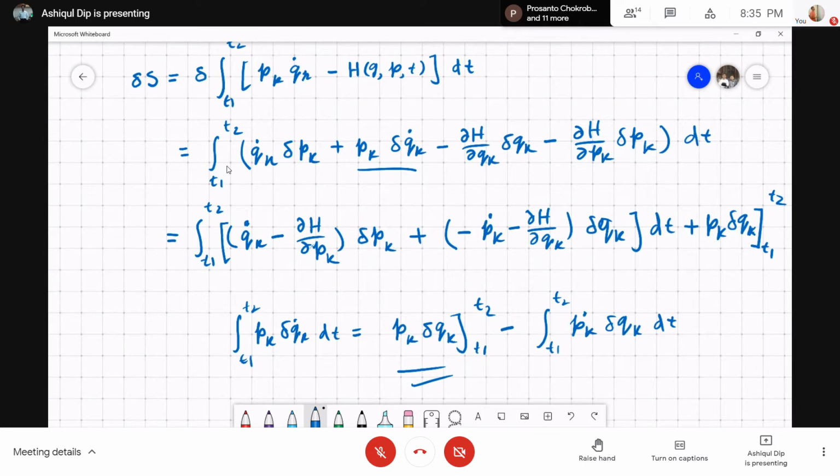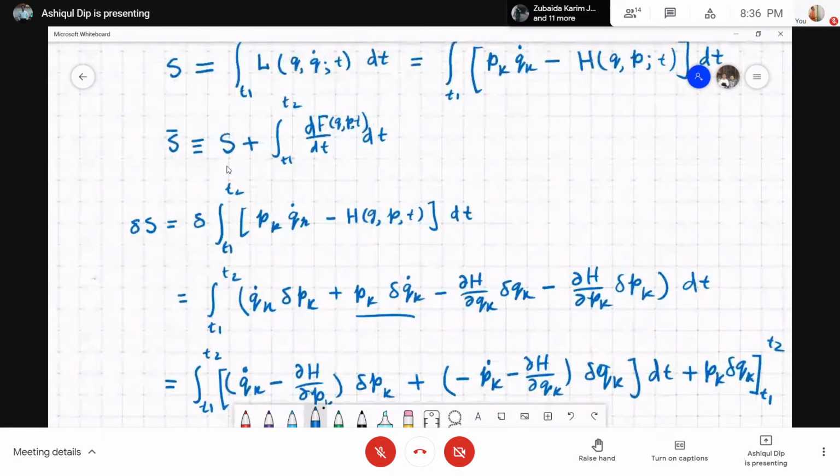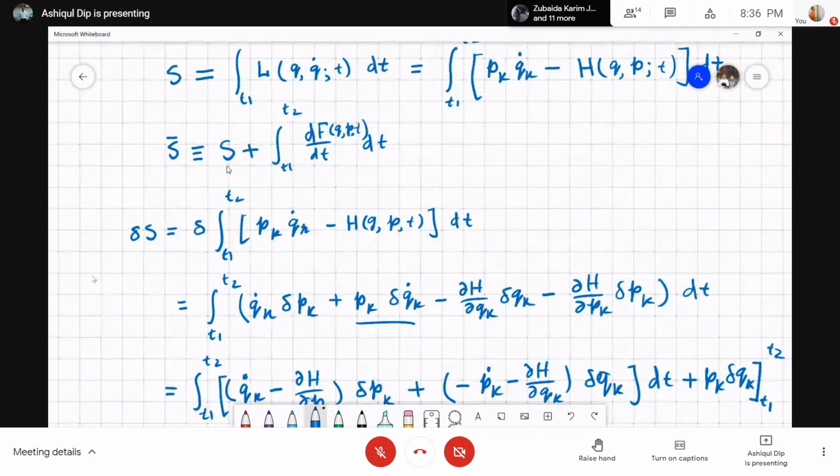This is the usual form of varying s. So what happens when we vary our s bar, the other one? The point is, this is basically a number, nothing else, a constant value.